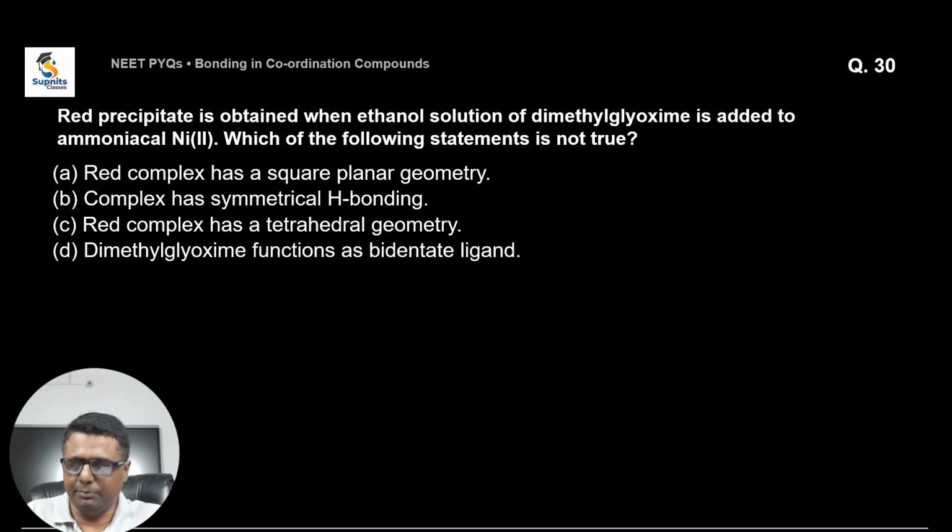So I will draw the complex compound. It's such a nice structure. So C, CH3. Everyone draw please.